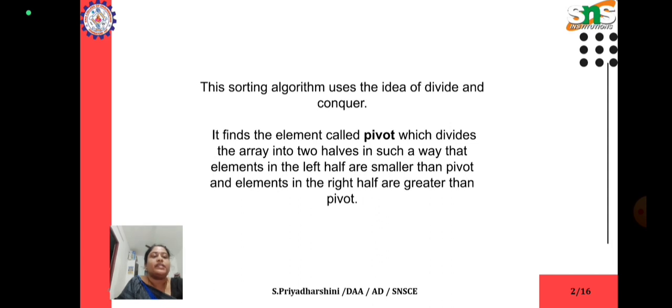Then the next step is conquer. Conquering means recursively sorting those two subarrays, the left subarray and the right subarray, with the quicksort algorithm. The last and final step is combine. In the combine step, it combines the output of all the already sorted subarrays and forms the solution to the given problem.